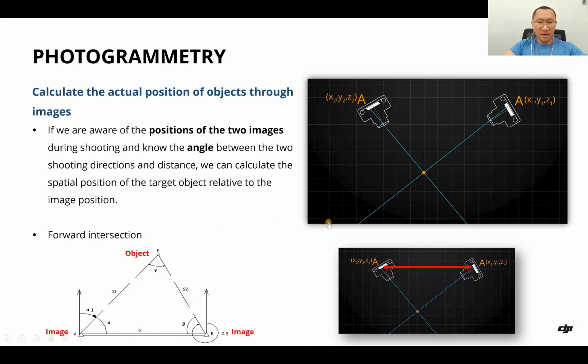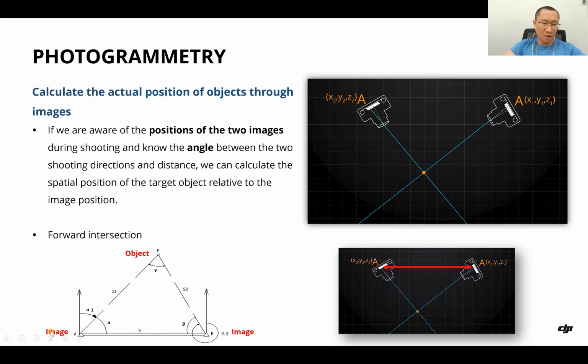If we are aware of the position of the two images during shooting and know the angle between the two shooting directions and the distance, we can calculate the spatial position of the target relative to the image position. For example, let's see this picture below.